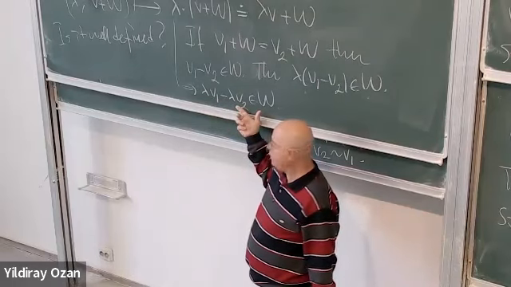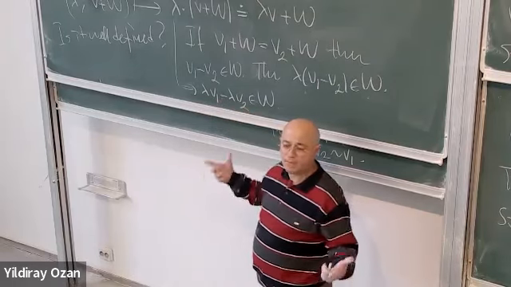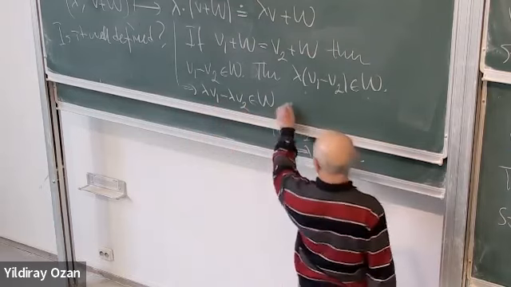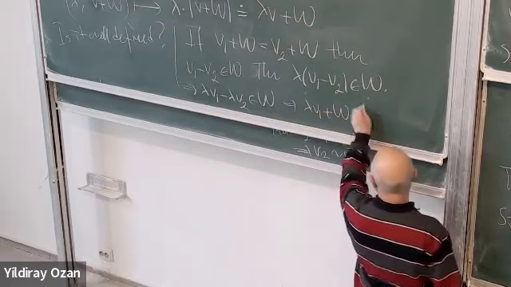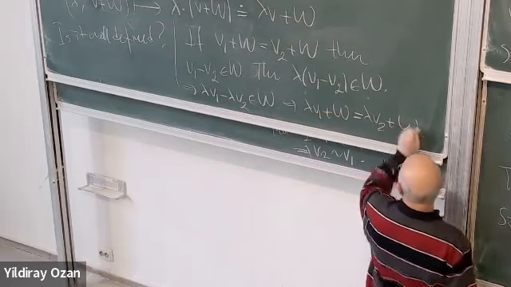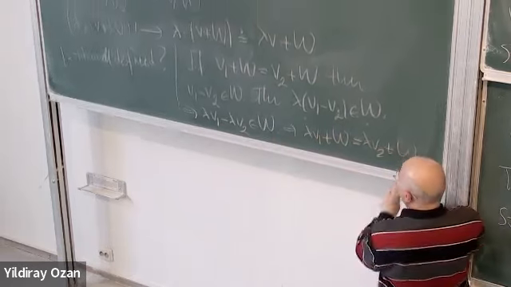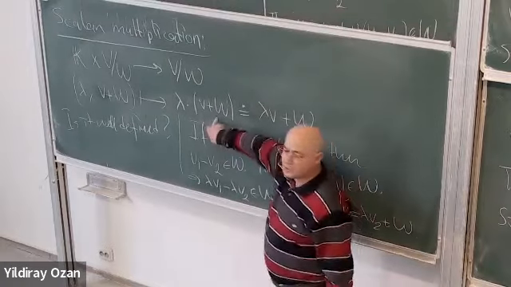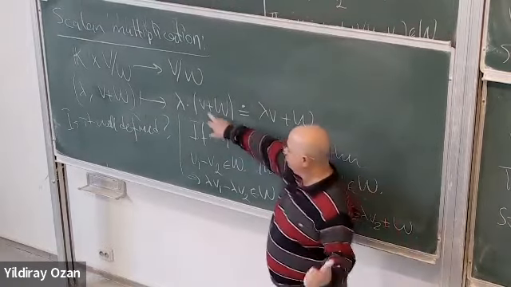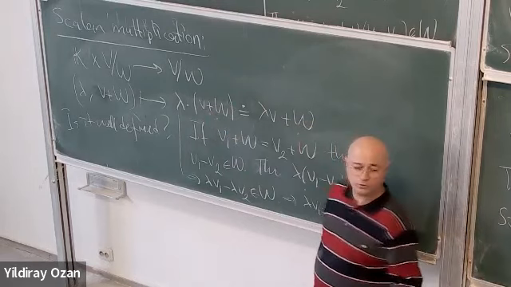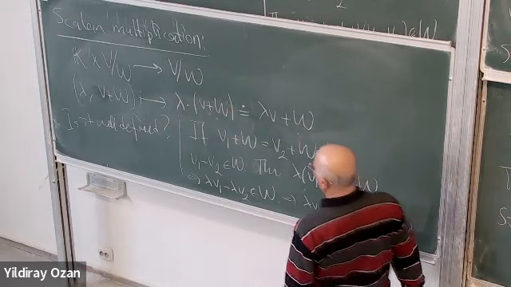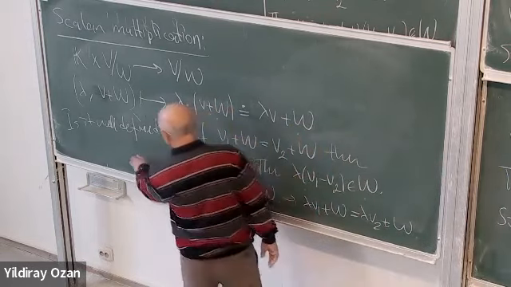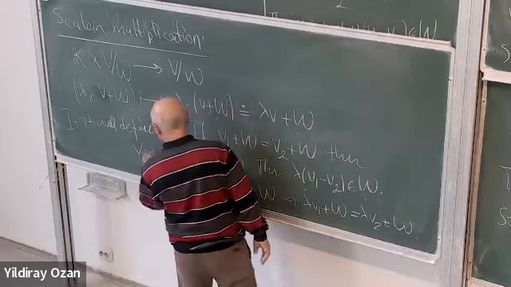They are related. Therefore, they represent the same equivalence class. So this implies lambda V1 plus W is equal to lambda V2 plus W. Therefore, it doesn't matter which representative you choose here. You may use V1 or V2, doesn't matter, you get the same result. So is it verified? This is also yes.